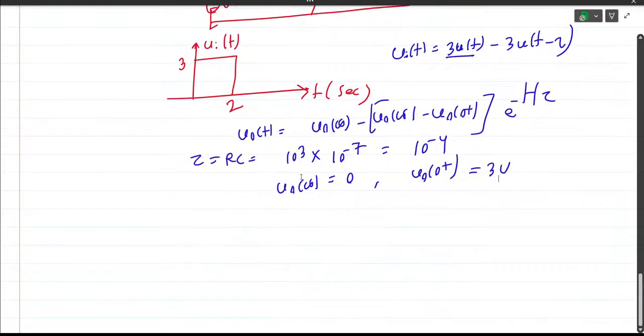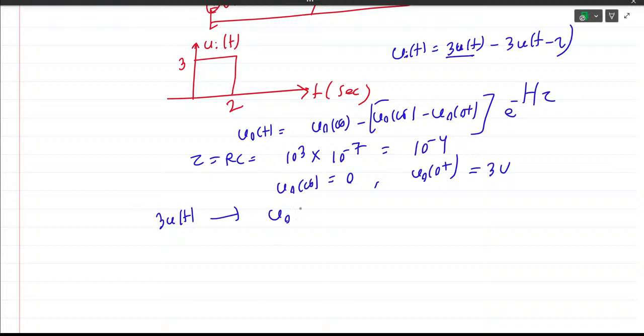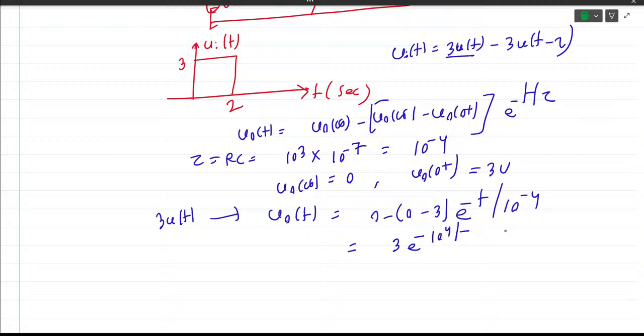Now apply for input 3 u(t), your output is v0(t) equal to 0 minus [0 minus 3] e raised to the power minus t upon 10 to the power minus 4, that is 3 e raised to the power minus 10 to the power 4 t.